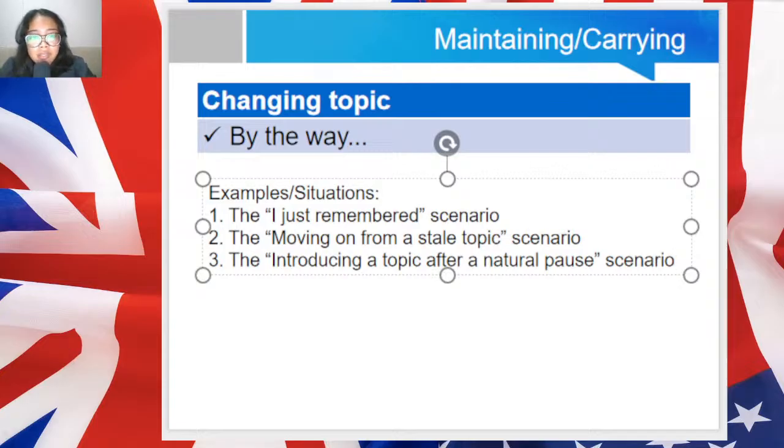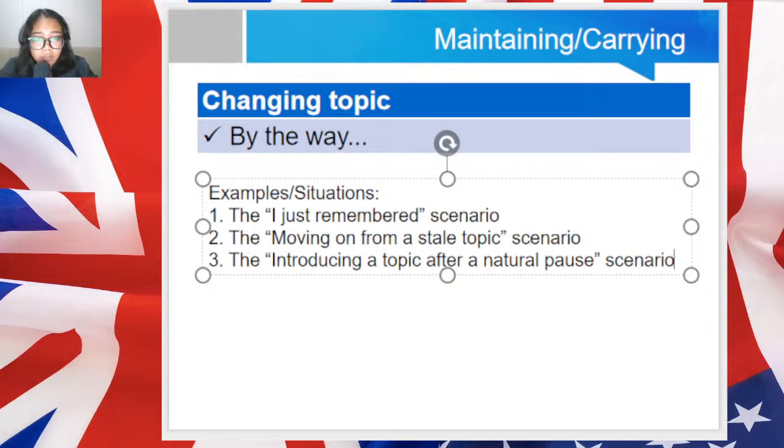Now, let's practice this. I'm going to give you a current topic and a new topic. I want you to create a sentence or two and use "by the way" to smoothly transition. Okay? For example, the current topic would be as simple as last night's dinner, and the new topic in that conversation, so that you can use the phrase "by the way," is a plan for the upcoming weekend.